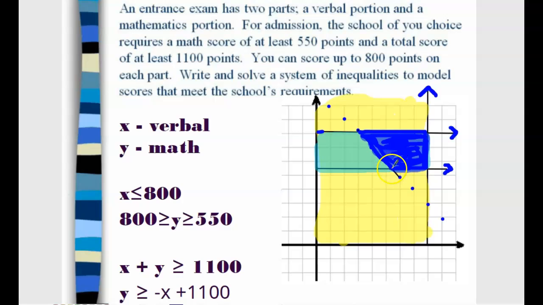The minimum score she could get would be this point of intersection right here. So 550 or 1100 minus 550, because that's the lowest score she could get for y, which is also the lowest score she could get for x. So the min score she could get on both exams is 550s.